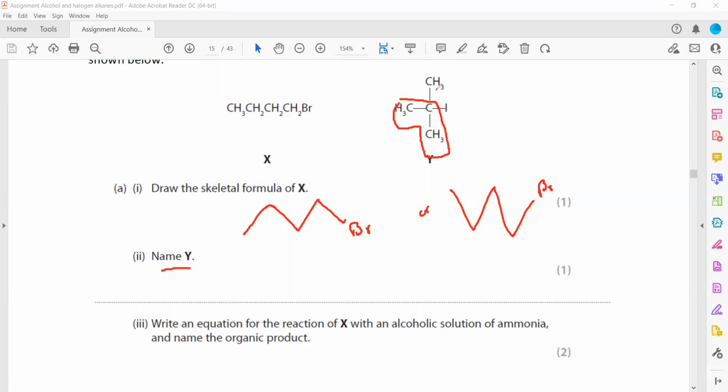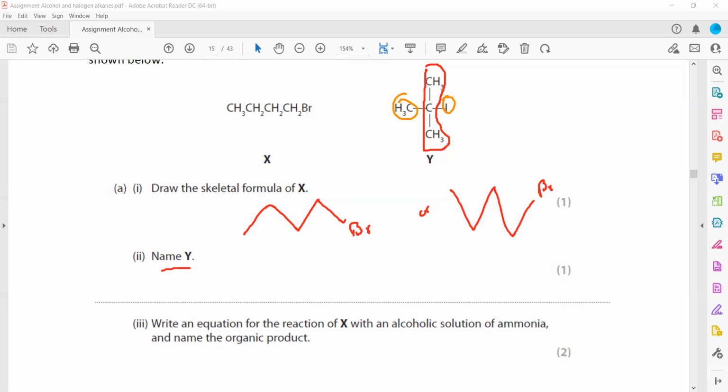It won't make a difference, as we will have the iodine on the second position, and the methyl group is attached on the second position. So it is 2-iodo, 2-methyl, and then 3 carbons of propane.